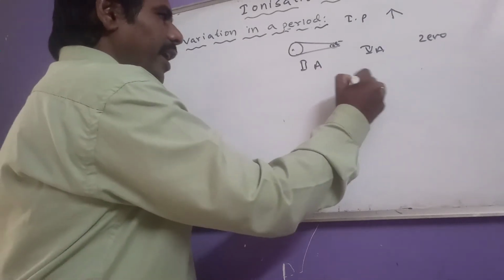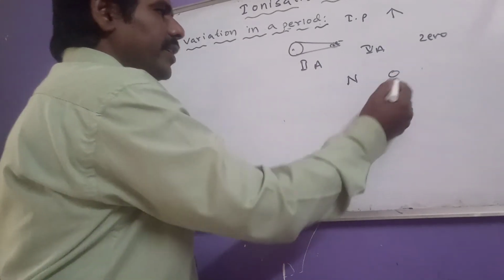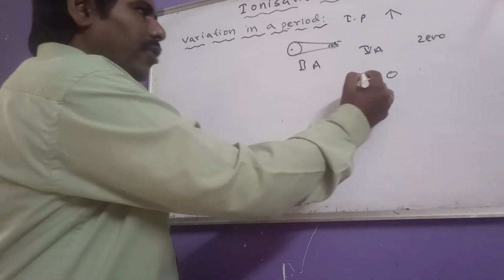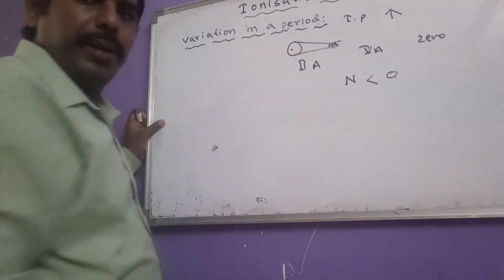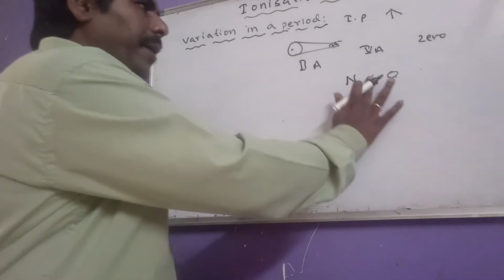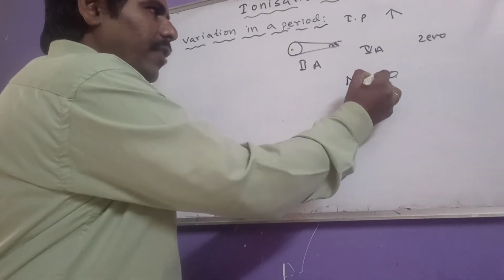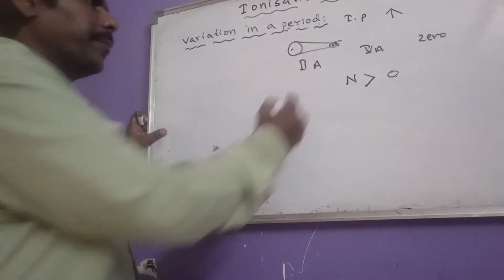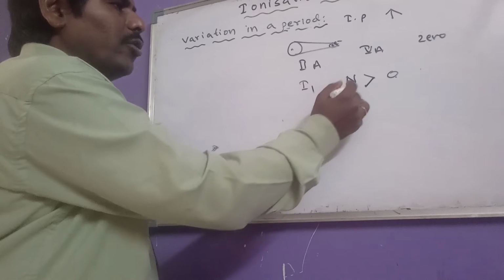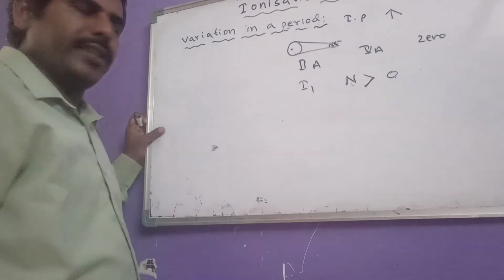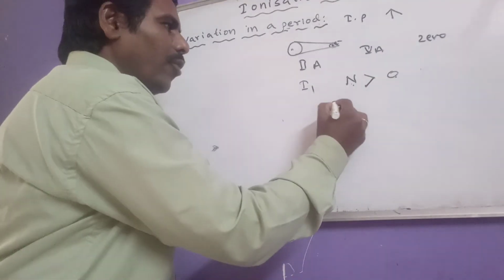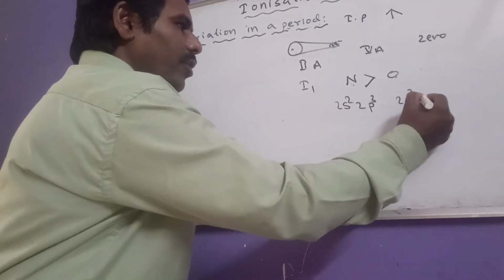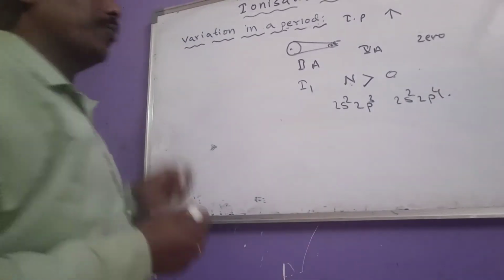Similarly, we can observe the same issue with fifth group elements also. If you consider nitrogen and the next sixth group element oxygen, as per our description, nitrogen ionization potential should be less than that of oxygen, but the experimental value shows that IP1 of nitrogen is greater than that of oxygen, because nitrogen outer configuration is 2s2 2p3, and oxygen outer shell configuration is 2s2 2p4.